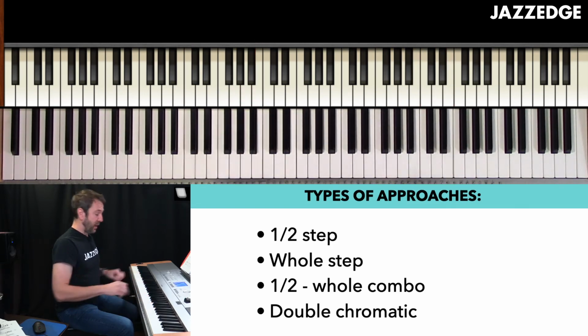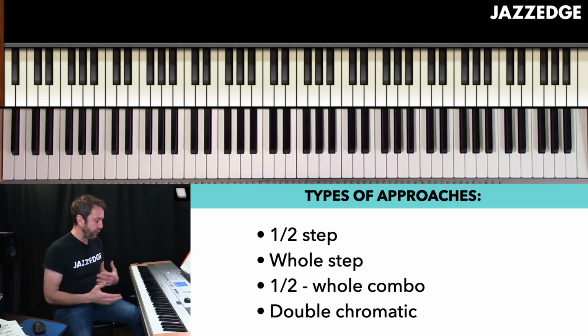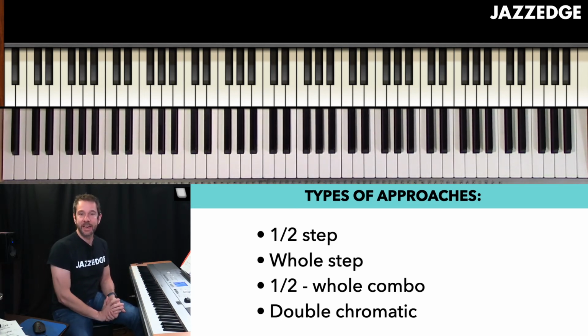So by utilizing those approaches, you're able to create these lines that kind of weave through the harmony, and they sound a little bit more complicated than just playing your plain old major scale.